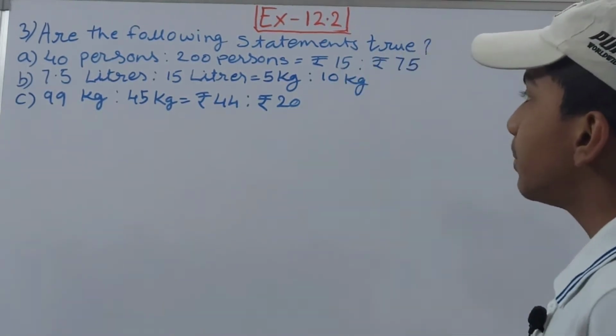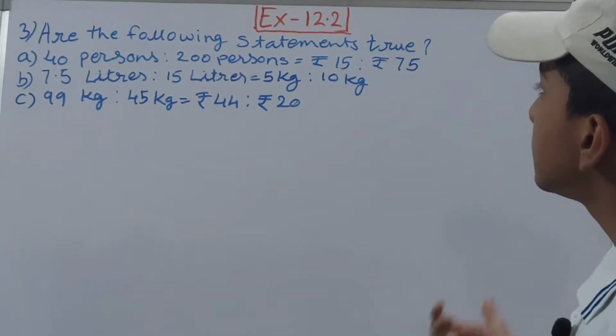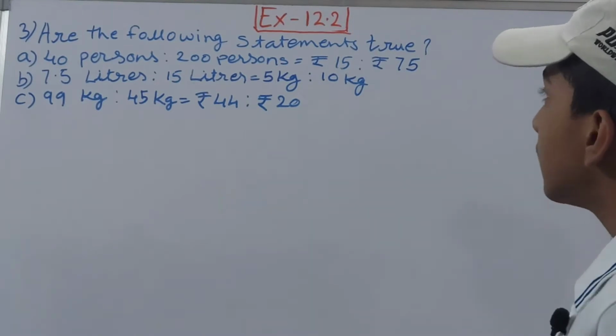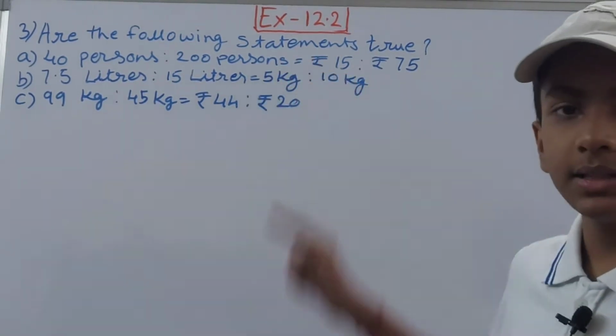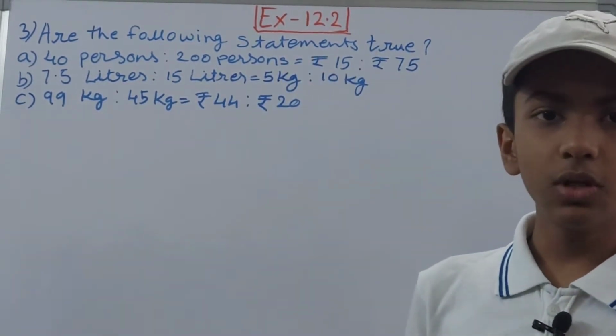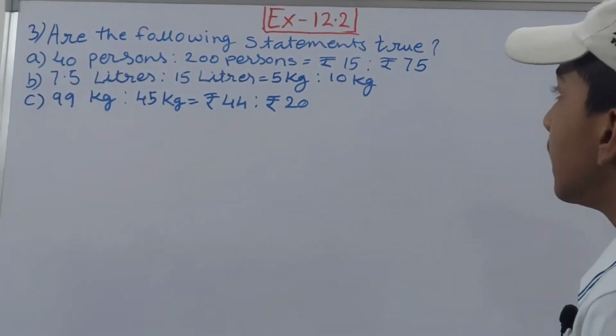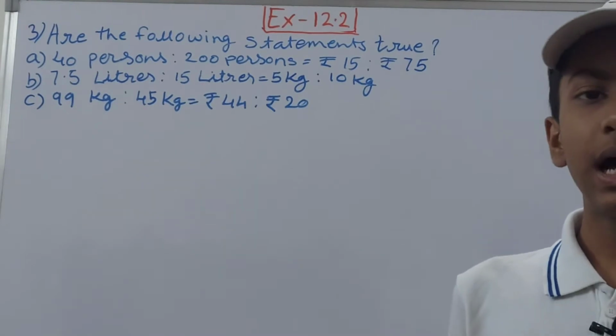First is 40 persons is to 200 persons is equal to rupees 15 is to 75. Now this equal sign signifies that the two ratios to the left and to the right are in proportion. So how will we check if they are in proportion?